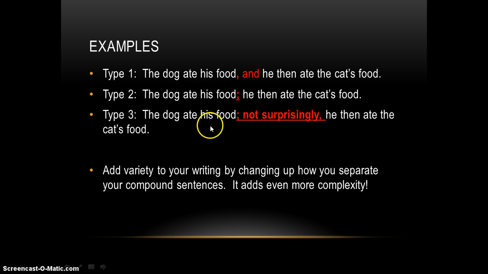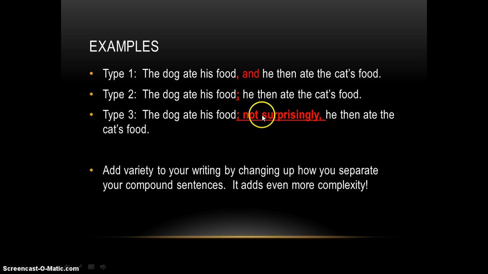So type 3, the dog ate his food, semicolon, conjunctive adverb. If you need more examples of what the conjunctive adverbs are, the textbook lists some of them for you. Look on page 122, and it's got a nice list. It's things like however, nevertheless, things like that. Just because you don't know the name of them, they should sound relatively familiar.